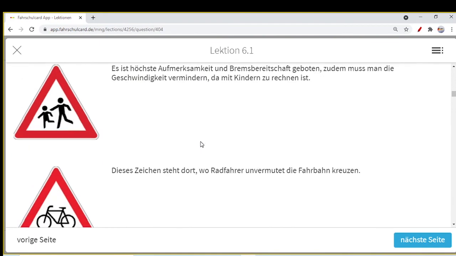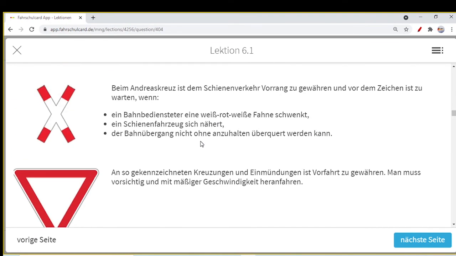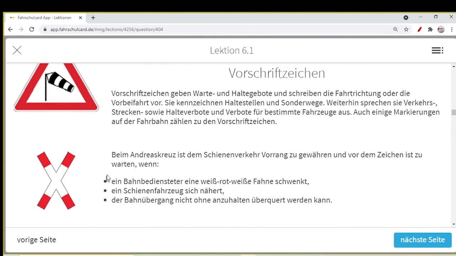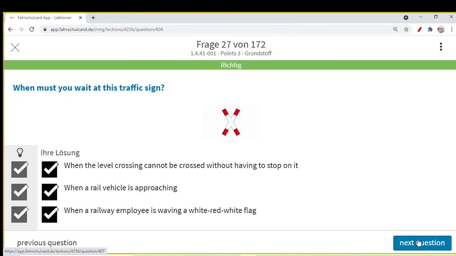In upcoming questions we will see in the videos or in traffic signs in detail how you can see this traffic sign at the level crossing. But whenever you see this traffic sign and there is a rail coming or traffic congestion, then you have to wait in front of this sign, which is known as St. Andrew's cross.